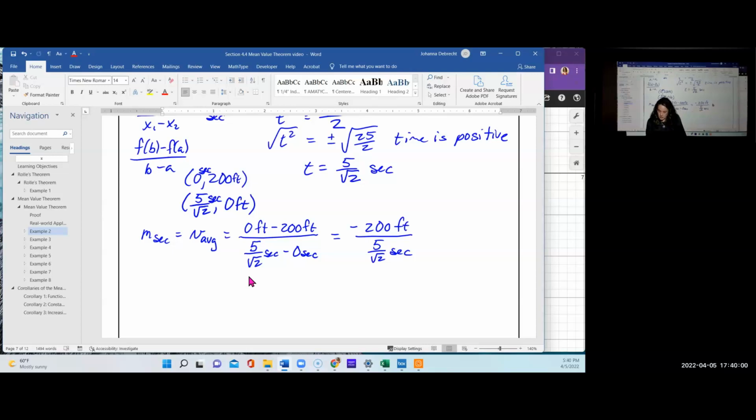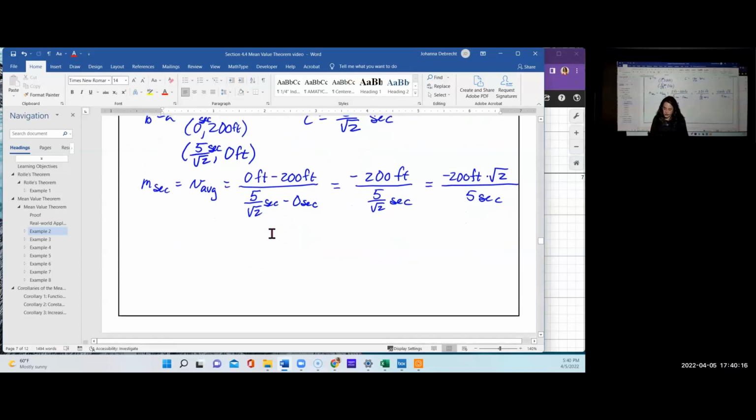So this works out to be negative 200 feet times the square root of 2 divided by 5 seconds. Now, 200 and 5 are divisible by 5, so we can reduce this, and this tells me that the average velocity over that time interval is negative 40 square roots of 2 feet per second.